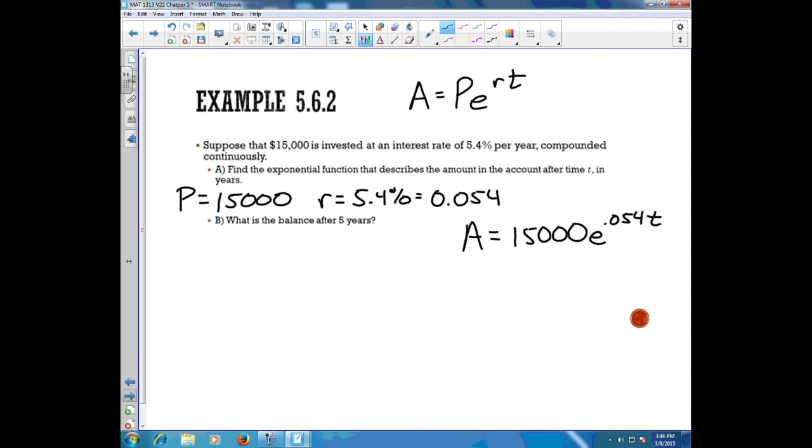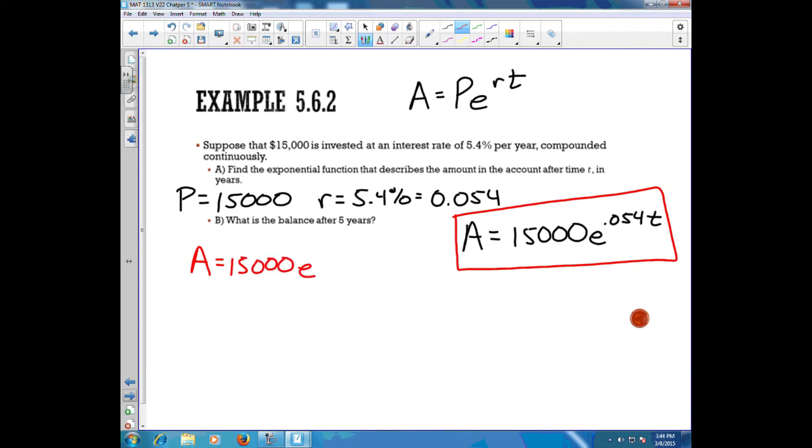And now if we want to determine the balance after 5 years, we're just going to let t be equal to 5. Right? So this is our function. We're going to let t be equal to 5 because it's been 5 years.